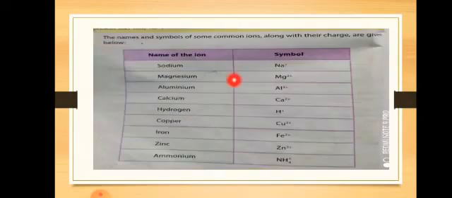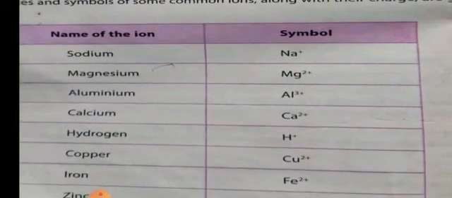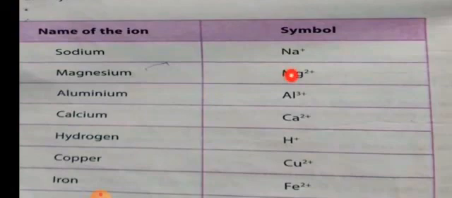Now, these are some of the ions which are positively charged. How this charge came, this you will understand in your higher classes. So sodium has 1 plus charge and it is written at the right side above corner.